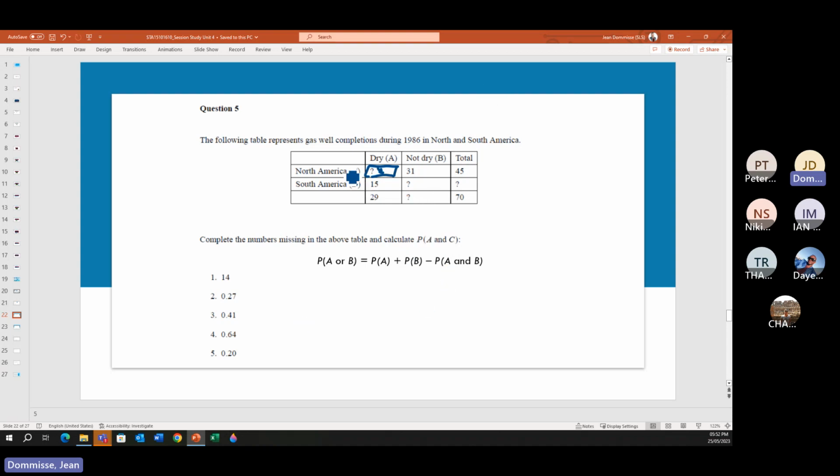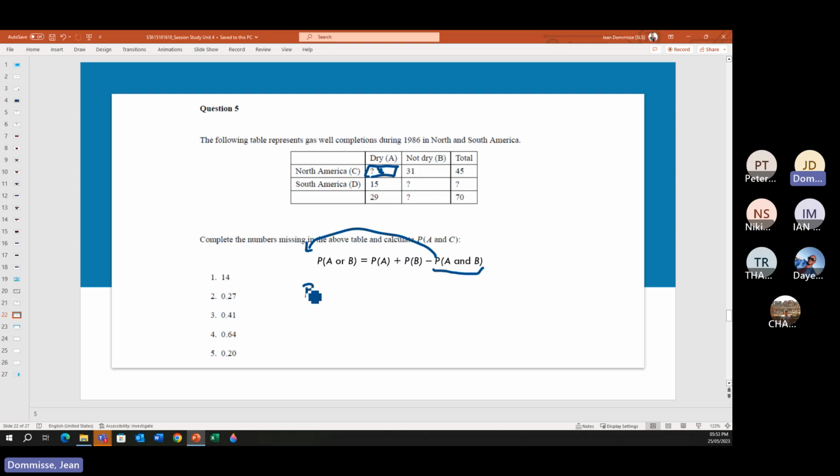If we want to get the AND, that is what we're going to look for. If we do a bit of manipulation with this, we can take that to that side.